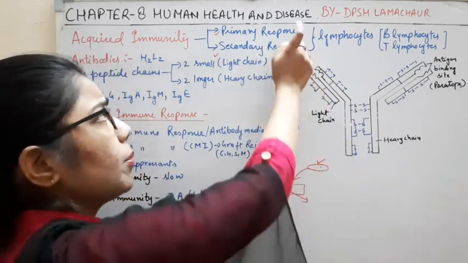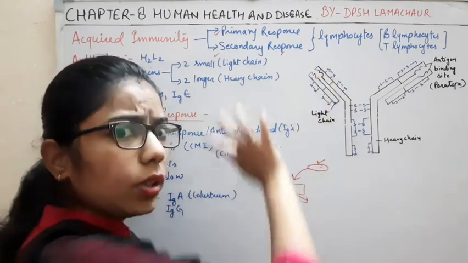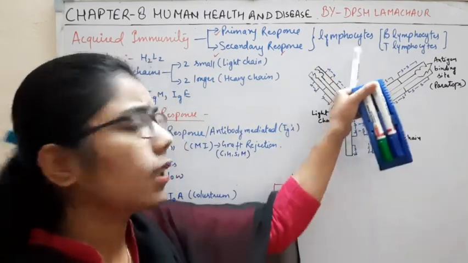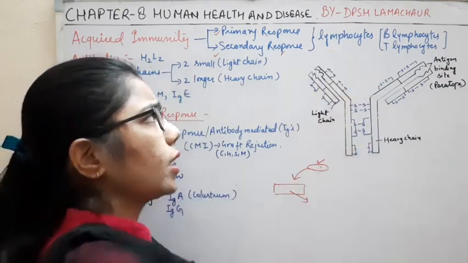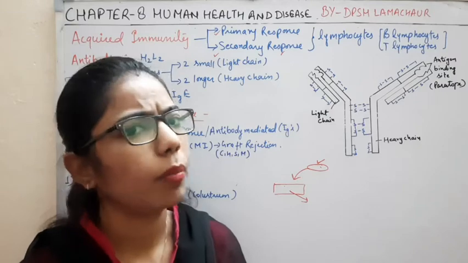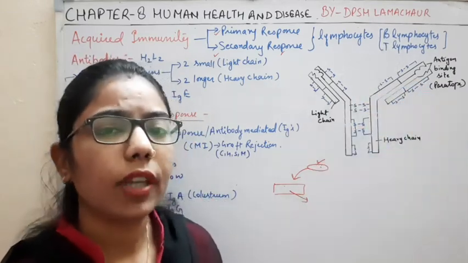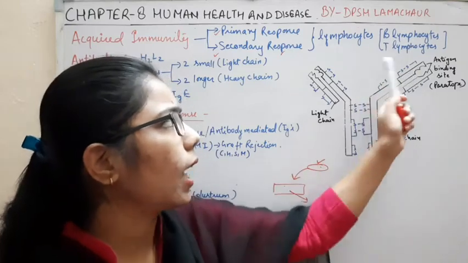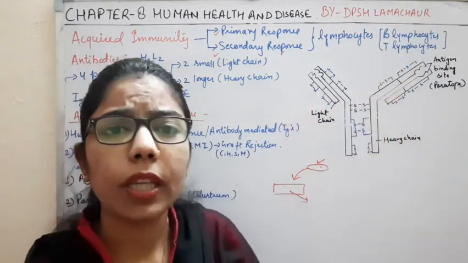Whether it is a primary response or the secondary response, both are controlled by the lymphocytes. We know that lymphocytes can be of two types, B lymphocytes and T lymphocytes. In the previous lecture, we covered B lymphocytes and T lymphocytes.